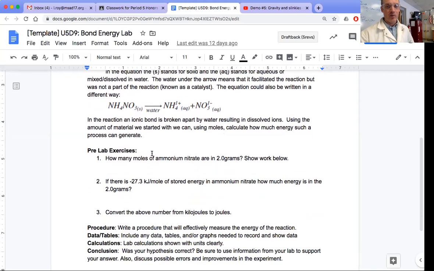And when that breaks apart, it releases energy. It releases 27.3 kilojoules per mole. Knowing that, and knowing that we're going to react 2 grams of it, we can make a prediction as far as how much energy that's going to be.